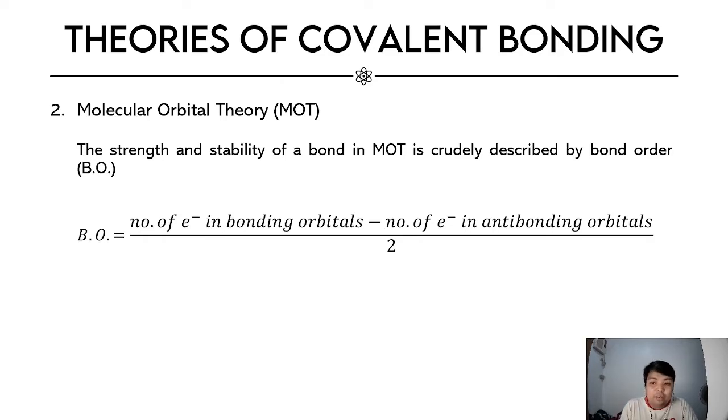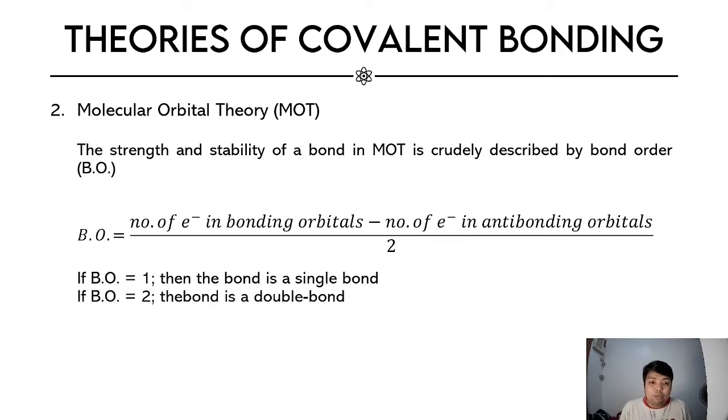Bond order is also a rough guide to determine what type of bond is formed between atoms. Is it a single bond, double bond, triple bond, or something in between? A single bond will have a bond order of 1, a double bond will have a bond order of 2, and a triple bond will have a bond order of 3.